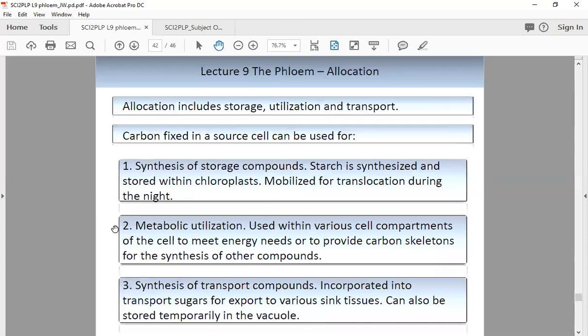And we'll leave that one there. Number three, carbohydrates may be used as transport compounds. That is, they're incorporated into transport sugars, and we looked at a few different types earlier on for export to various sink tissues. And these can also be temporarily stored in the vacuole of a cell.